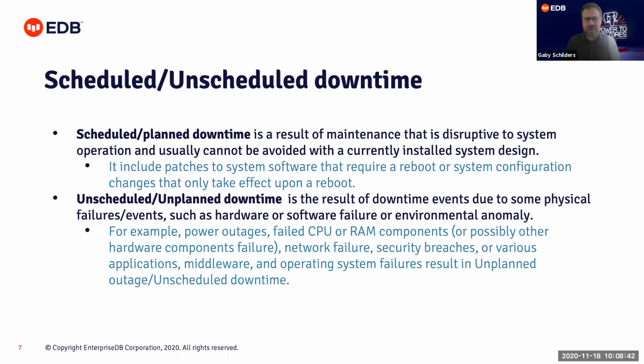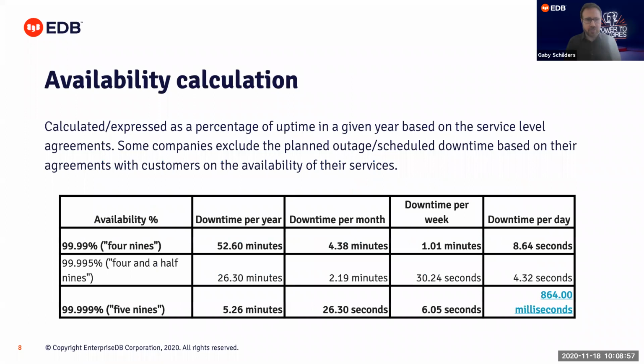But let's first look at how availability is calculated, because as I've stated, availability can be measured on different factors. But a very important factor is the amount of uptime that a system has.